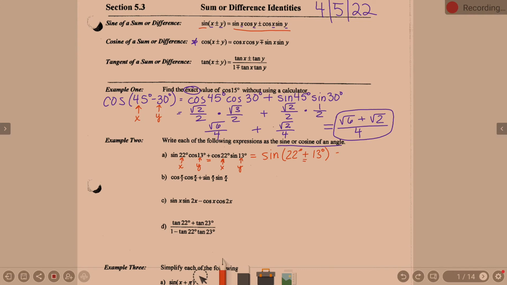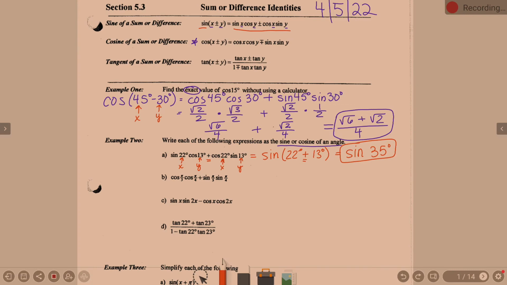And what is 22 plus 13 degrees? 35. Hard math there, isn't it? Making you do a little bit of work. So that's all we're looking for right there. Take it out of that weird looking mumble jumble and put it into, okay, is it a sine, cosine, or tangent of an angle?